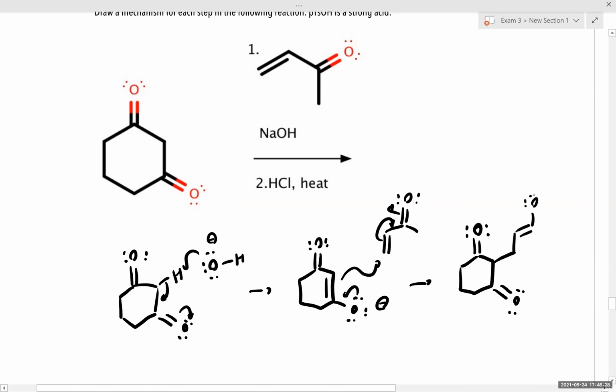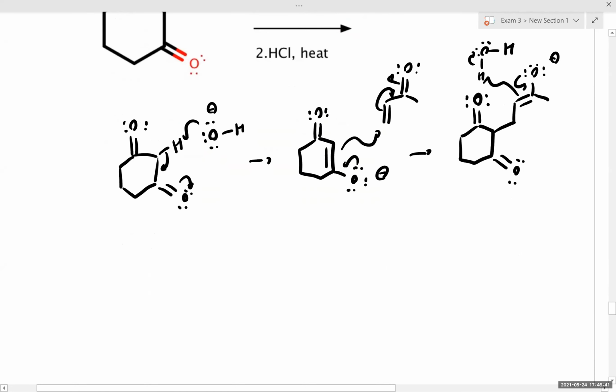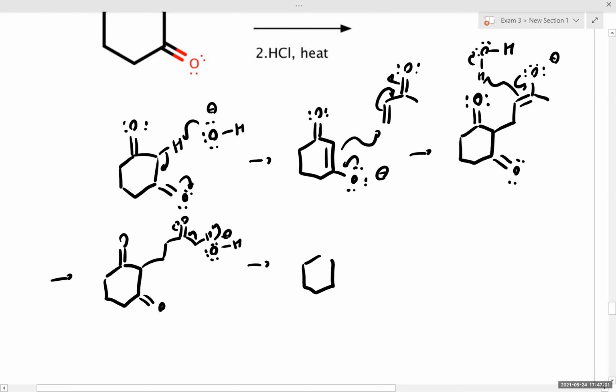From here, this enolate will undergo protonation and deprotonation to generate an enolate that can react productively via an aldol reaction. So we're going to pull off the relatively unhindered alpha proton.